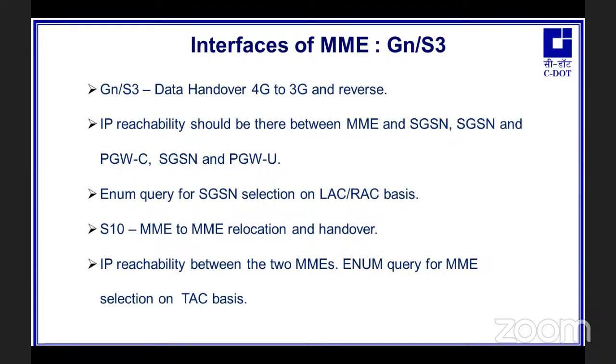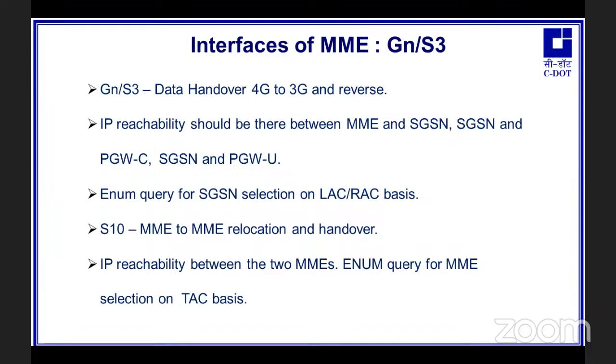SGW will not be part of any data handover. You need to understand one thing, in case of 4G data is going through E-Node B user plane, SGW user plane and PGW user plane, then internet. In case of handover, when you hand over the subscriber to 2G or 3G, whatever it is, then two components will be eliminated from the previous path: E-Node B, because it is specifically for 4G purpose, and SGW.